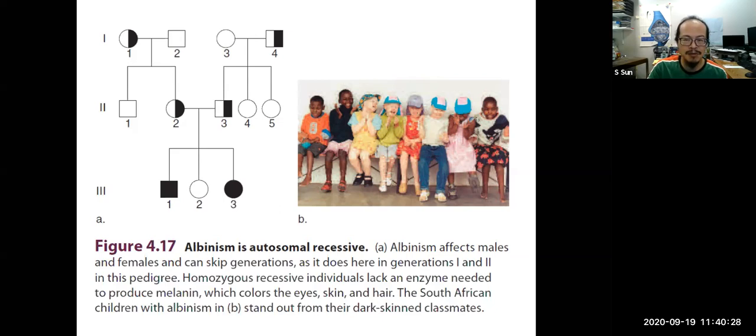And sometimes these recessive genes are not good. That's the reason why we don't see it that often, because if it becomes visible, then they probably won't have offspring.